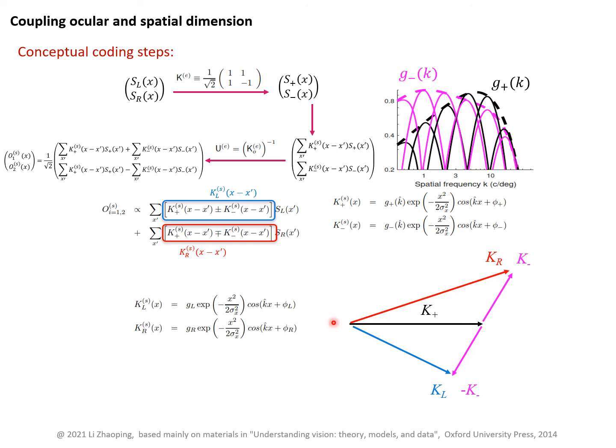It is determined by the phases of the filters to the two eyes, as well as the wavelength of the Gabor filters. With this phase to the right eye and this phase to the left eye, the preferred phase disparity is this one. And with this preferred phase disparity, when it's scaled by the wavelength of the Gabor filter, is then the preferred binocular disparity of the neuron.